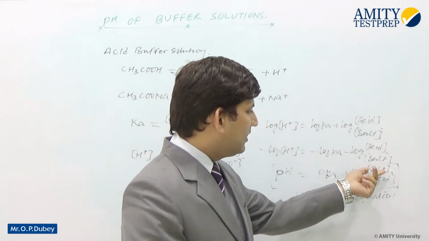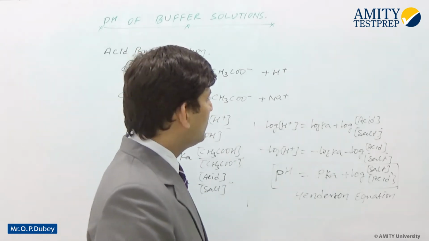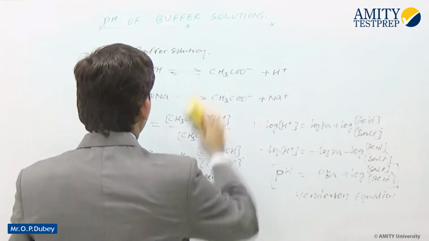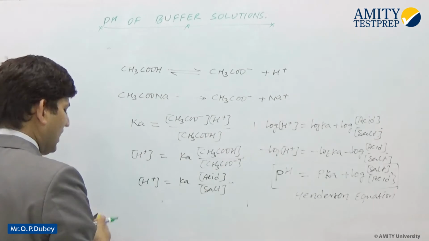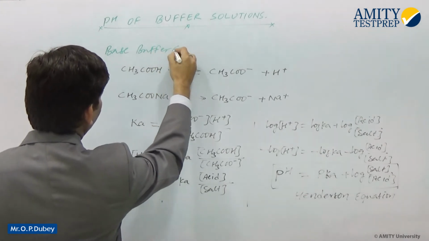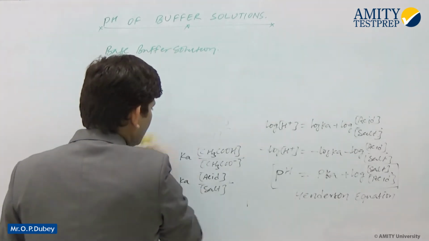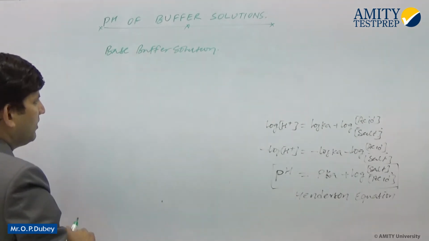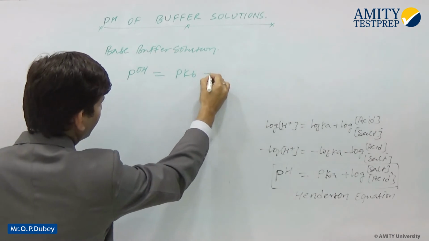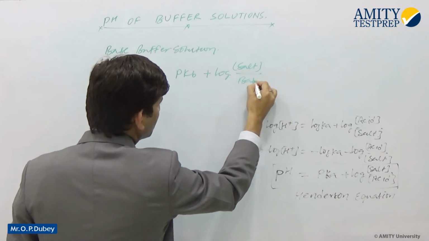So in place of the concentration of salt and acid, we can also write the number of moles. Similarly, if a base buffer solution is given, the Henderson equation is similar for the base buffer solution. The Henderson equation for the base buffer solution is: pOH of the solution is pKb plus log concentration of salt upon the concentration of base.